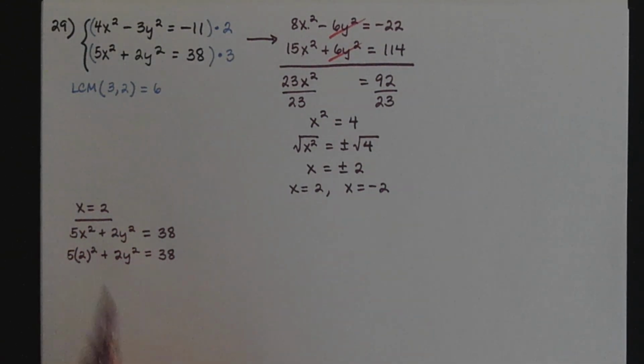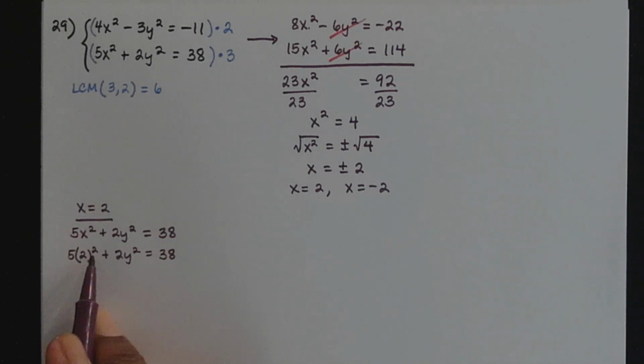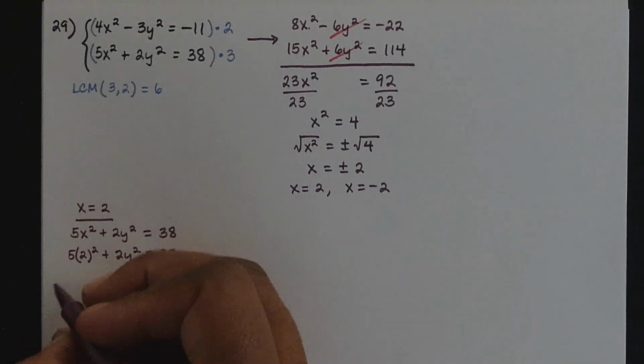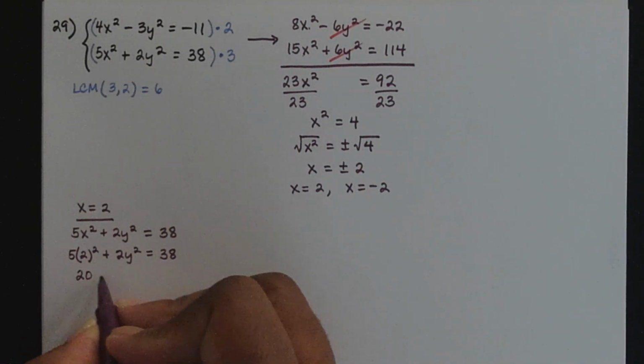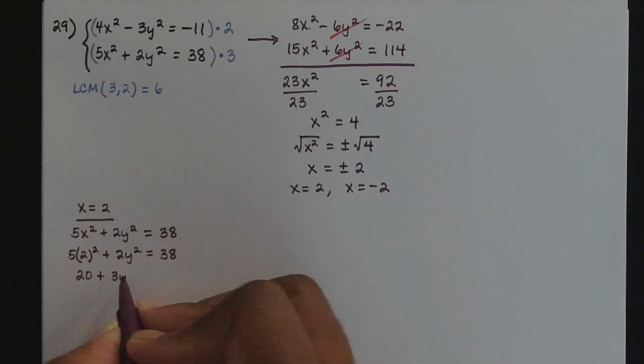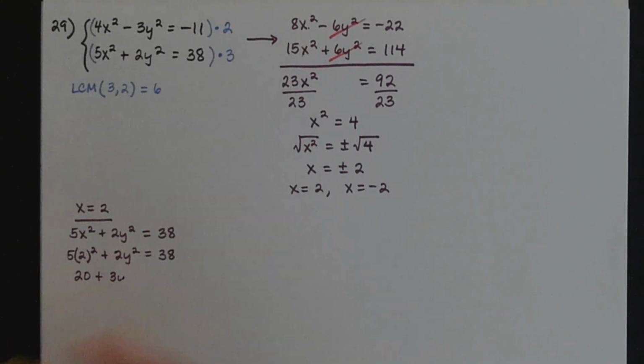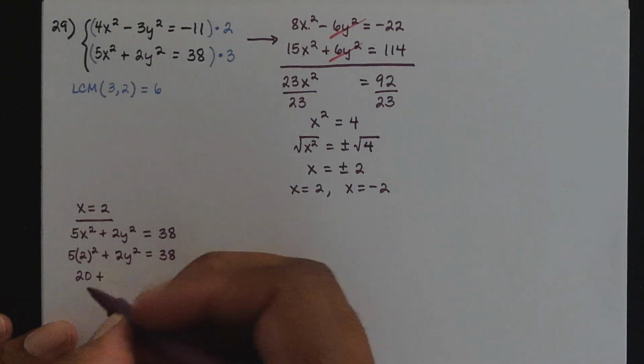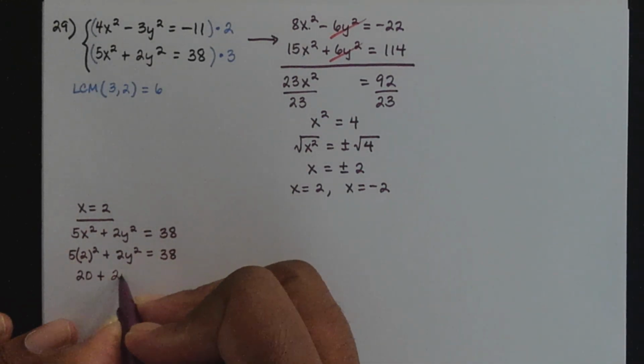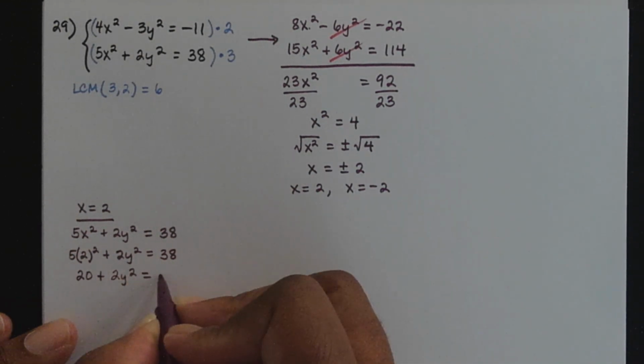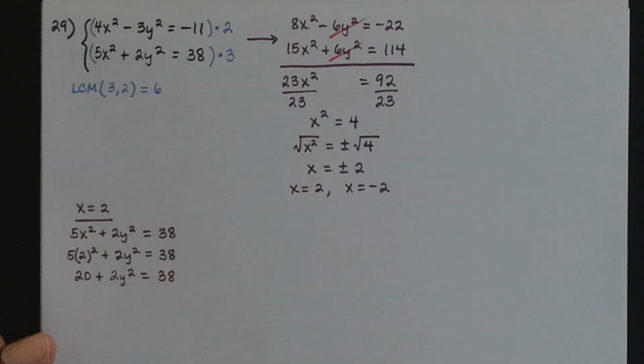All right, if I square this 2, that's going to be 2 times 2, which is 4. 4 times the 5 in front, that would be 20. So I got 20 plus 2y squared is equal to 38.